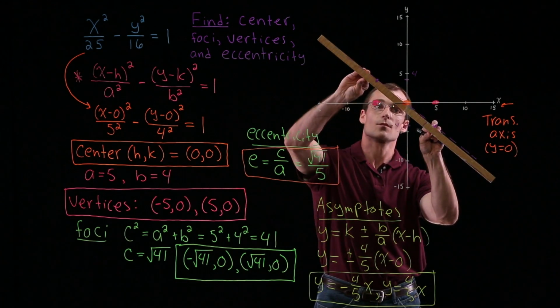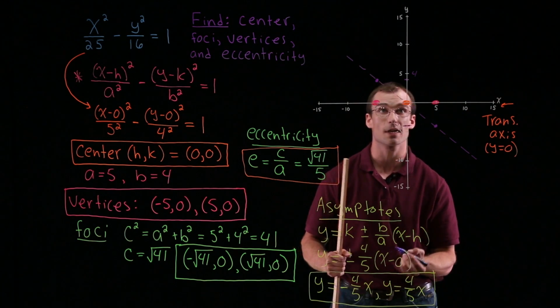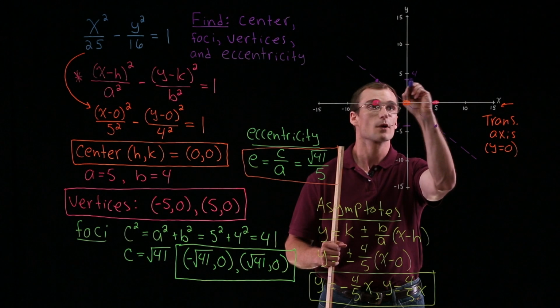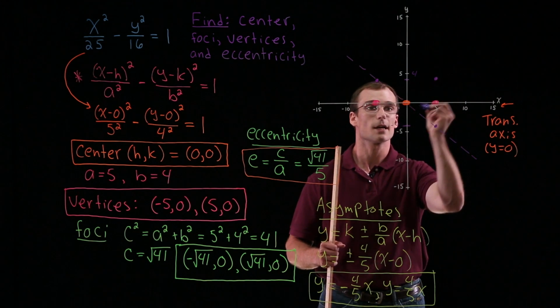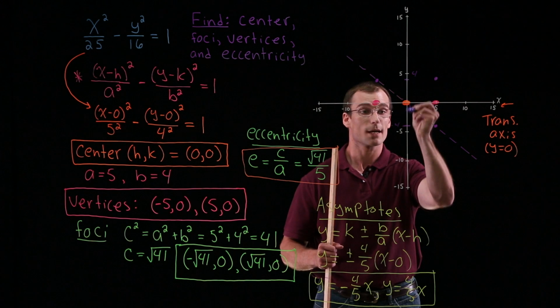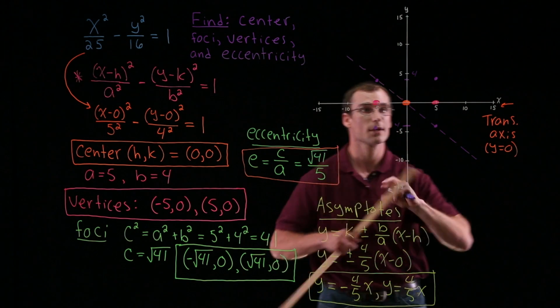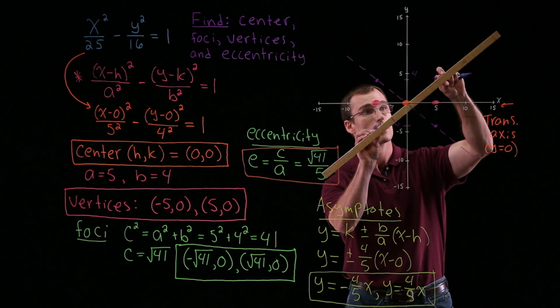Also the line y equals positive 4/5 x. Plotting a few points from our origin, going up 4 to the right 5 gives one point on that line, and from our origin going down 4 and to the left 5 gives another point. Then we sketch our asymptote there.